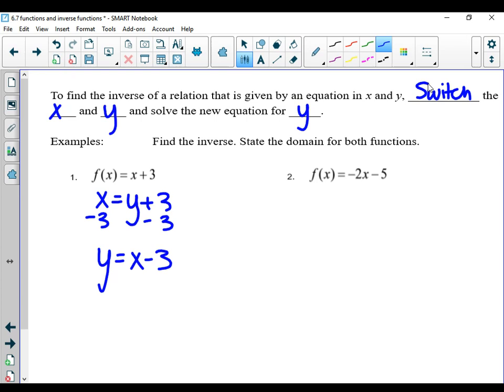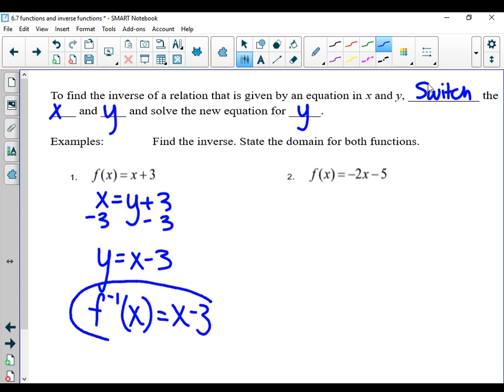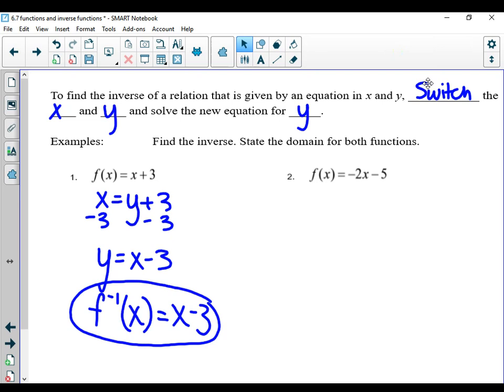And you have one final step. Your original y cannot mean the same thing as your answer that's y. So they have a different notation that's going to denote the inverse. Since we started with f of x, I'm going to keep it as f of x, but you're just going to put that little -1 there, and that implies the inverse.